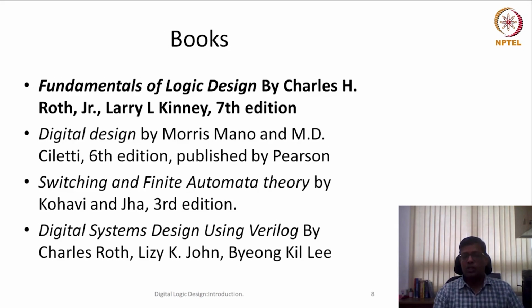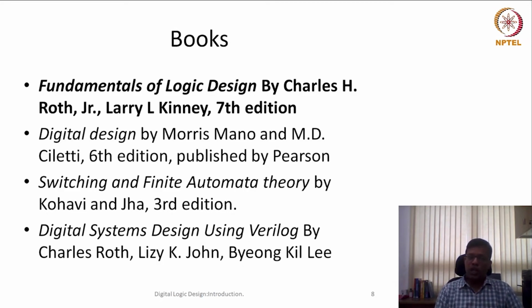There are 4 books mentioned here. The first one is Fundamentals of Logic Design. This is the primary textbook which we will be following during the course. From the other books, from Morris Mano, from Kohavi, or from Digital System Design by Roth, we will take 1 or 2 topics each, and I'll mention explicitly which book we are using for a particular topic.